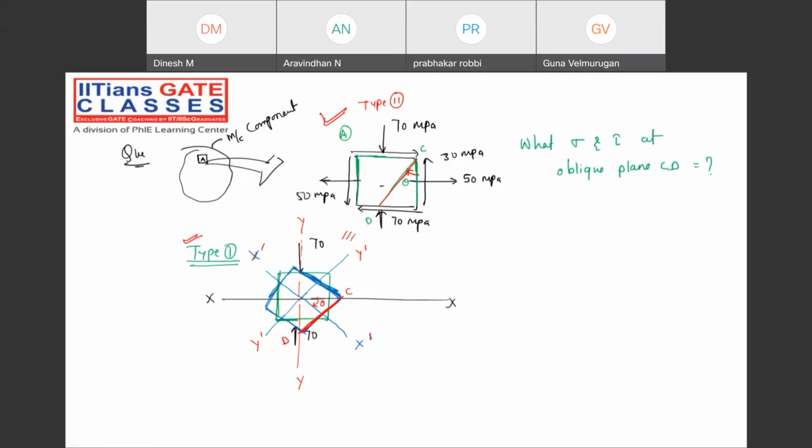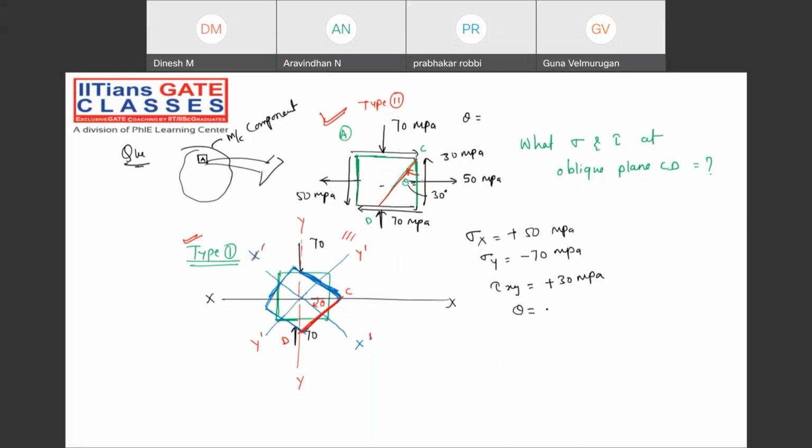Once the type 1 and type 2 problems are clear to you, it's a matter of only 5 seconds to solve this problem, because you know sigma x is plus 50 and sigma y is minus 70. Follow my sign convention, and you will never get the wrong answer. The theta value, suppose it is 30 degrees.